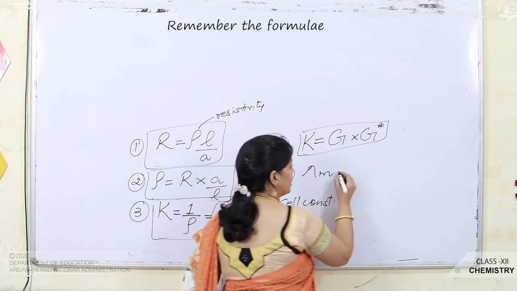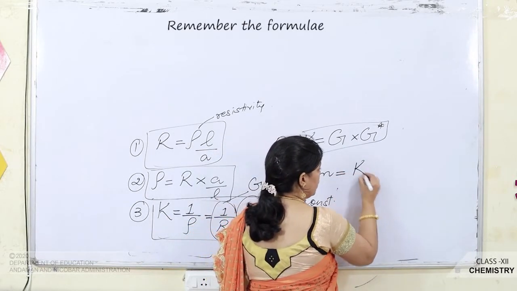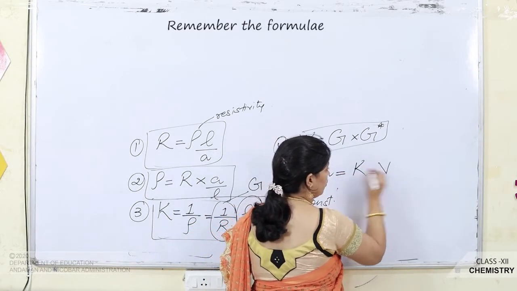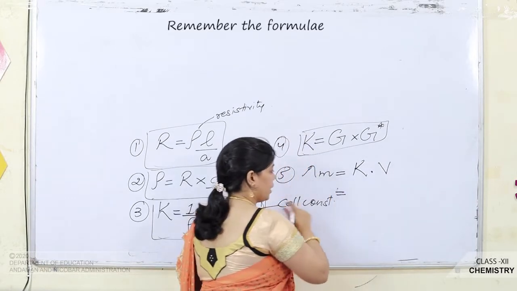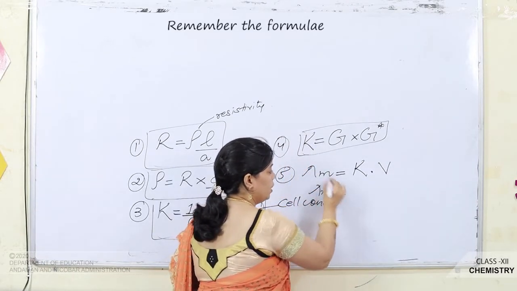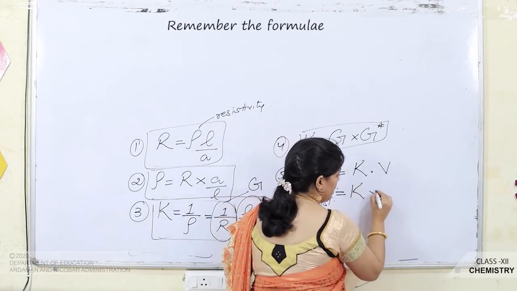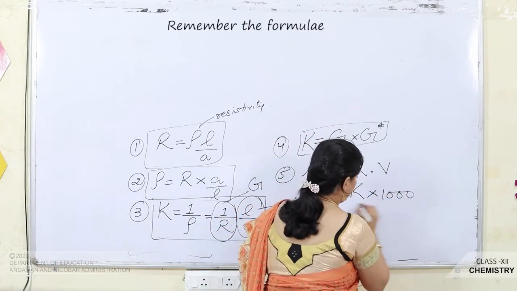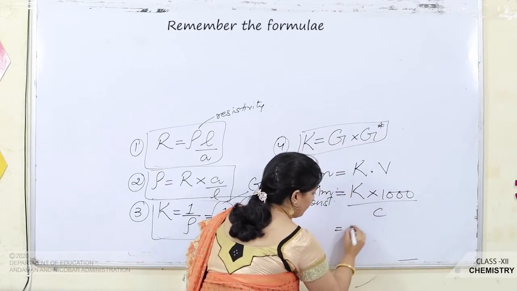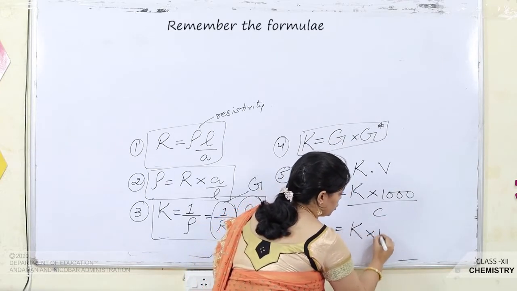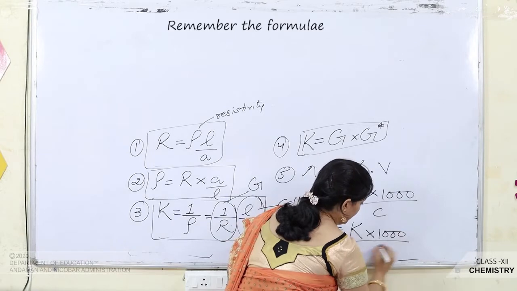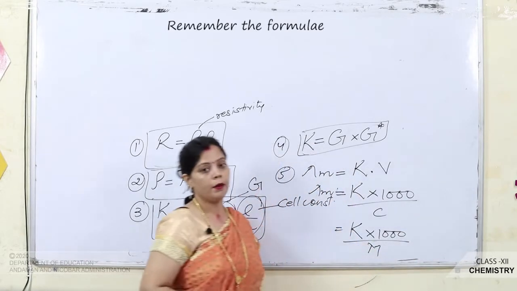So the molar conductivity is equal to what? That is equal to the conductivity into volume, and this molar conductivity is also related to the concentration of the solution, that is the conductivity into 1000 by C, or we can write the conductivity into 1000 by capital M, that is the molarity.